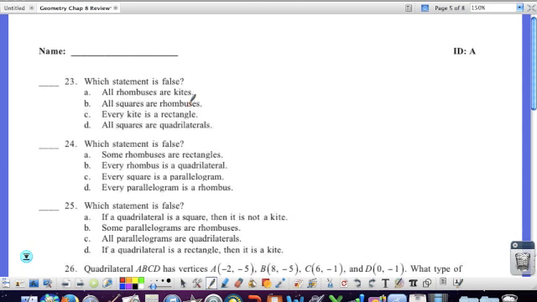The actual definition of a kite is a quadrilateral that has two pairs of consecutive congruent sides, but opposite sides are not congruent. That's the definition in our book.